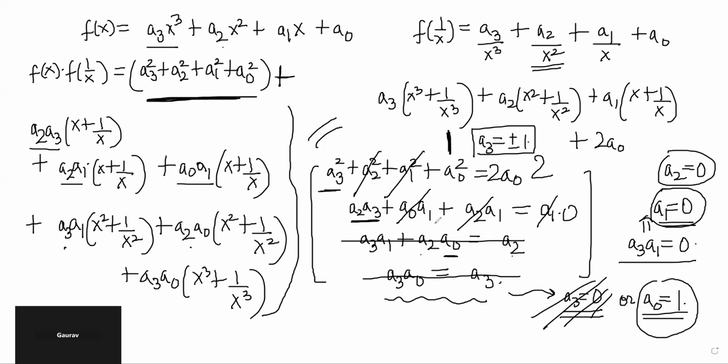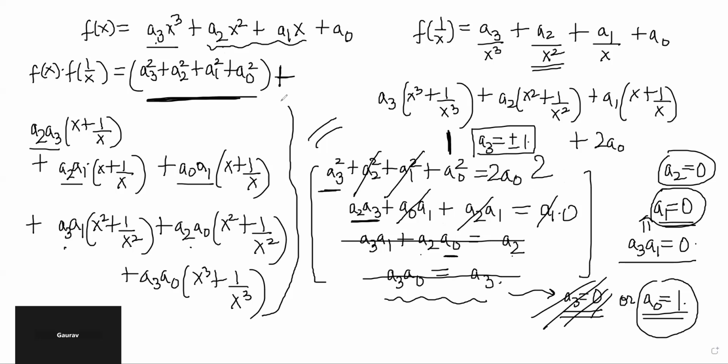So notice that according to the conditions of the problem, if we assume the degree of 3, and you try to use the conditions of the problem, you're getting that all the terms other than the first and the last term are vanishing.